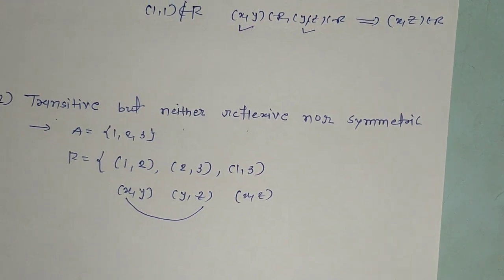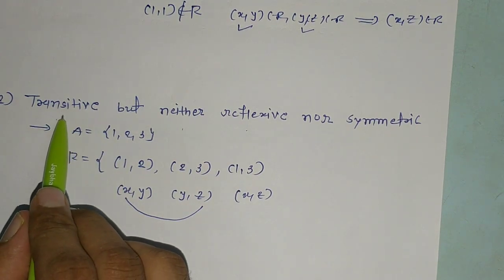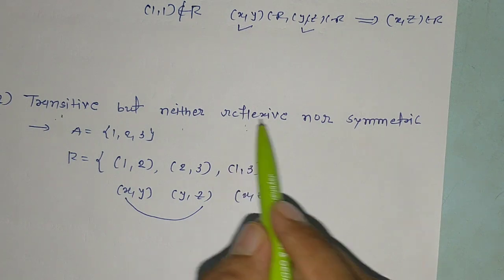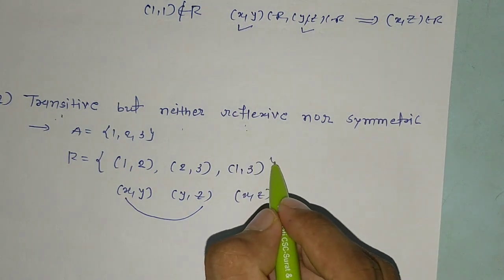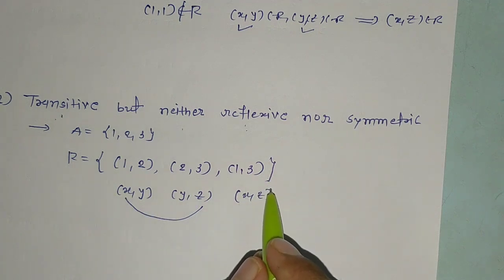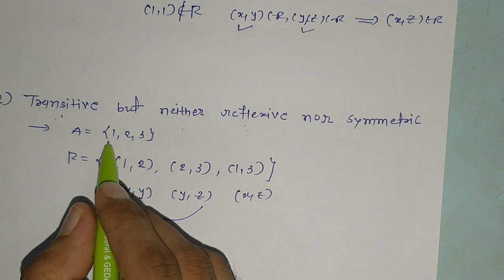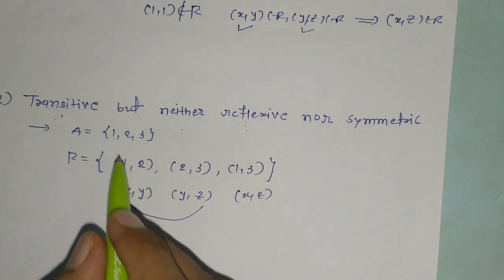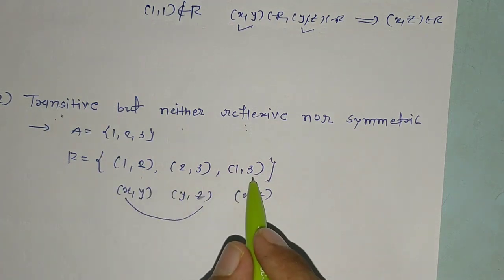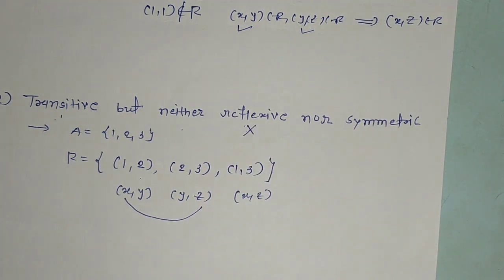Again, the question says that we have to form a transitive relation only, neither reflexive nor symmetric. So I am closing the relation with (1, 2), (2, 3), (1, 3). For this relation there is no pair in which an element of A is related to itself, so this relation is not reflexive.